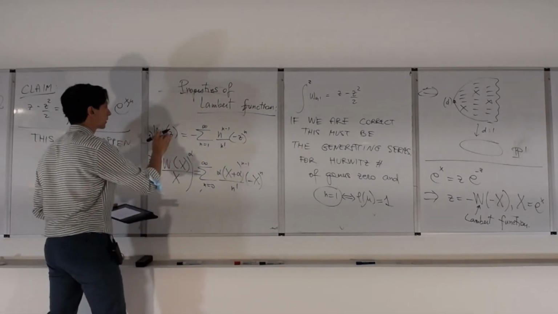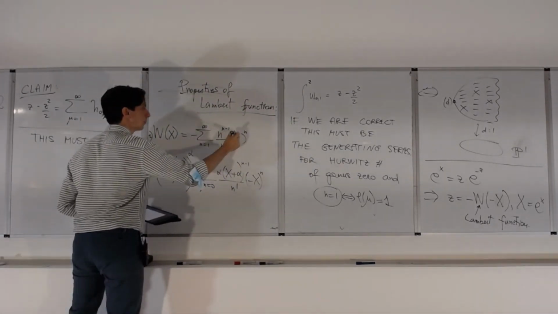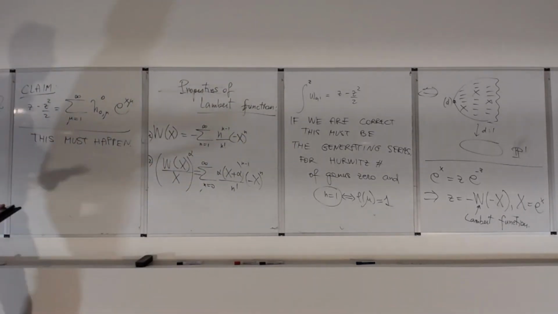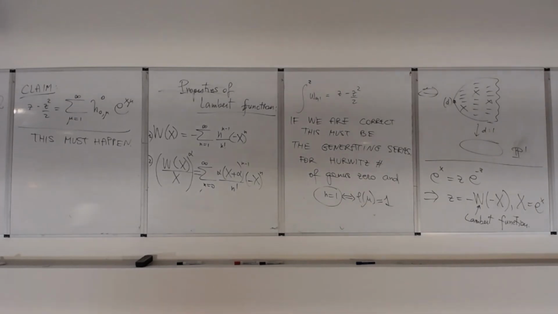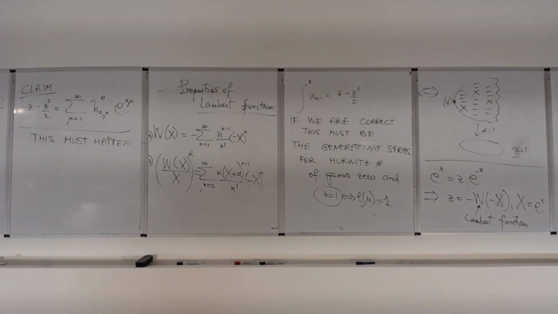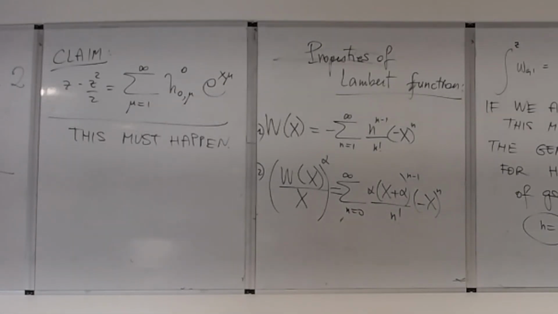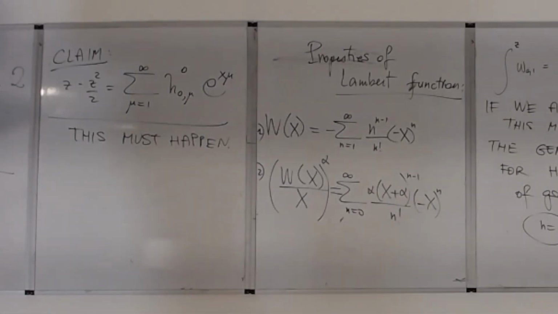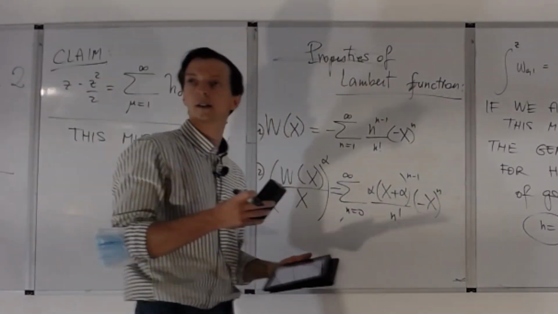So if you open a classical book on the Lambert function, you will find this formula. And I also claim that if you insert these properties inside our computation, it will work.